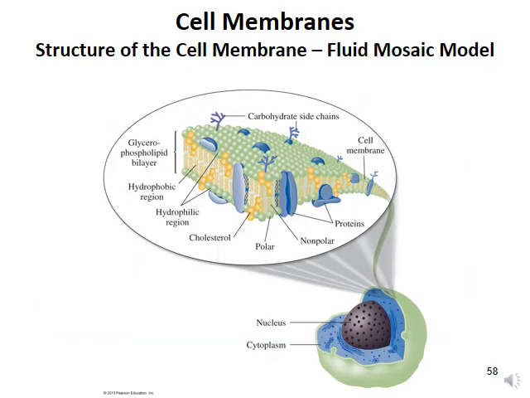There's a cell membrane. So what do we got? That glycerophospholipid bilayer, polar heads, non-polar tails hung together. There's a carbohydrate that's just sticking out. There are proteins that go the whole way through. That's an internal or just a peripheral protein.